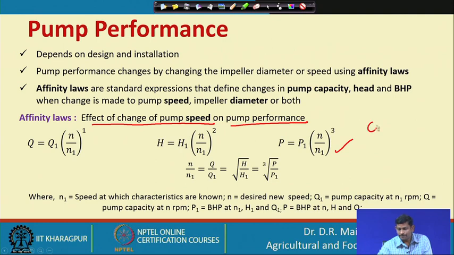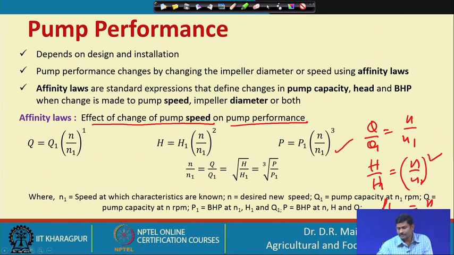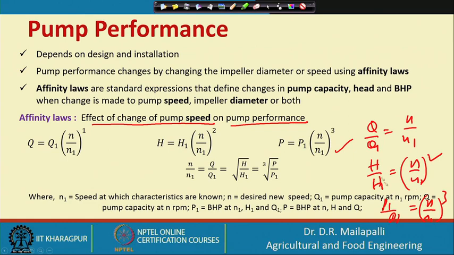That means Q by Q1 is equal to N by N1, H by H1 is equal to (N by N1) squared, and P by P1 is equal to (N by N1) cubed. You can simply remember this.